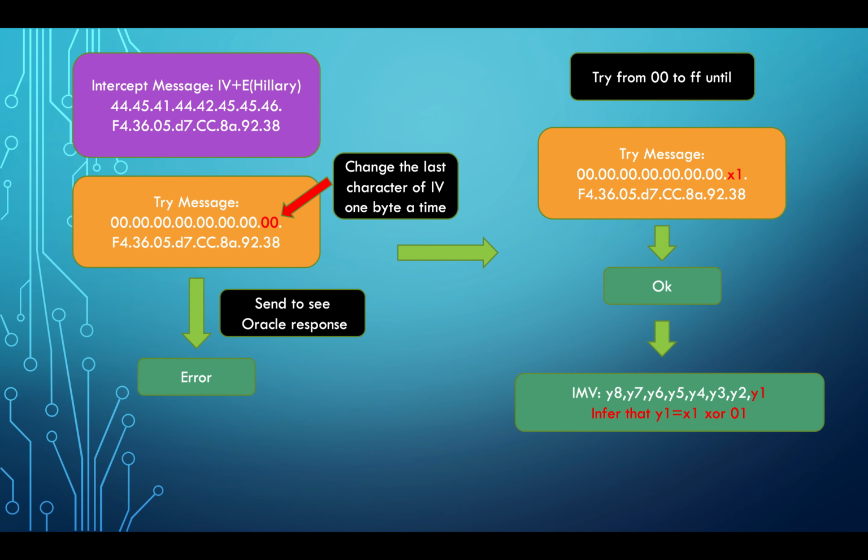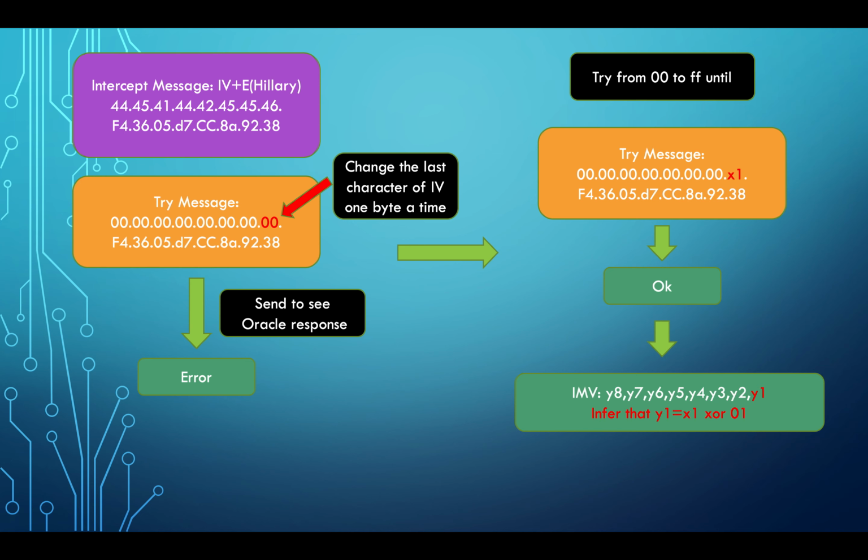We first initialize the IV to be all 0 and send it to the receiver with our intercepted encrypted message. Of course, we will receive an error response, since the last byte of INV XOR IV is not 01, which is the padding of 7 characters plus 1. Then we iterate the last byte of IV from 00 to FF until we receive OK at the last byte equal to X1.